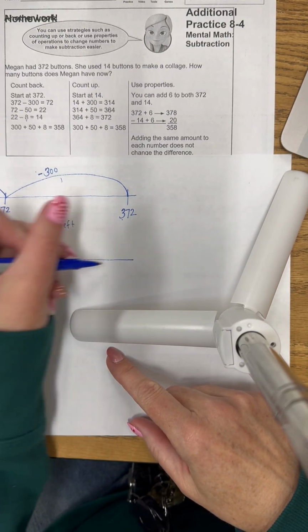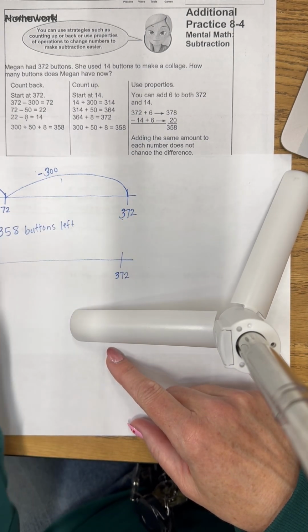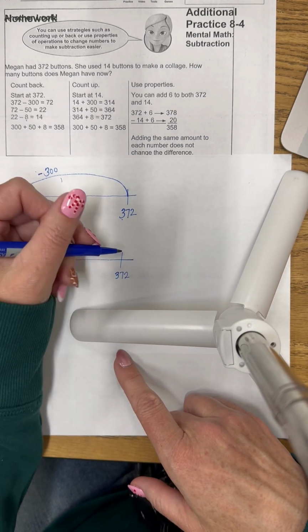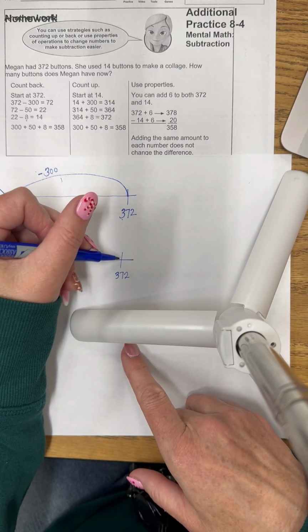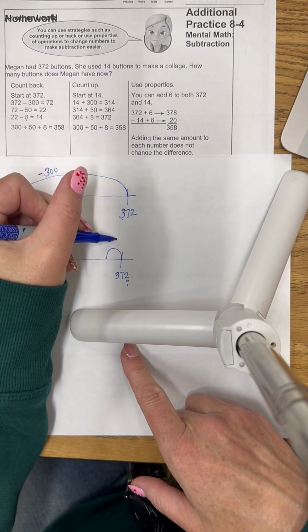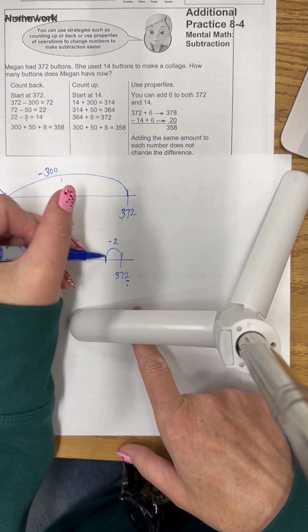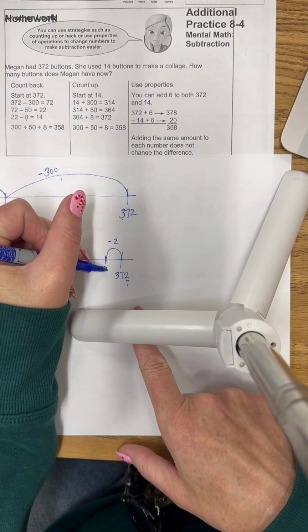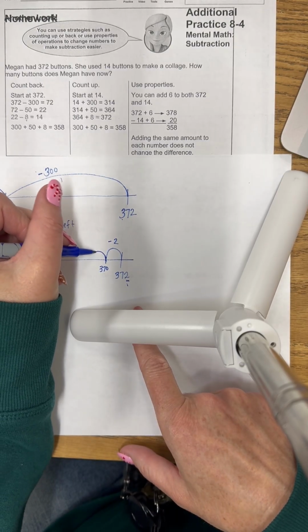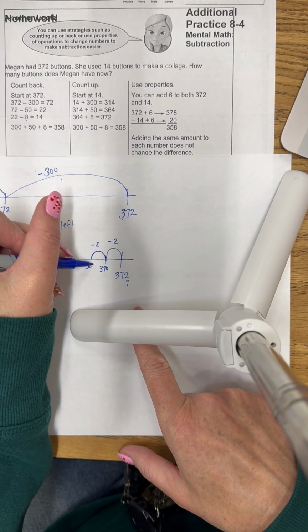The way that I would look at this is I would say 372. I'm taking away 14. So I would probably start by jumping 2, which would leave me at 370. I could jump back 2 more, which I would land at 368.